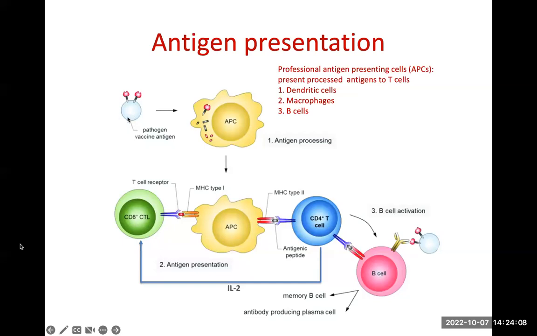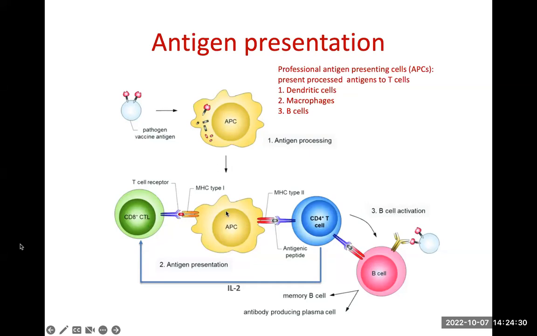So what these cells will do, let's say here you have a macrophage, and you have a pathogen here. Let's say this is a SARS-CoV-2 virus particle. It will be taken in by the macrophage into intracellular compartments, where it will be broken down into small pieces.